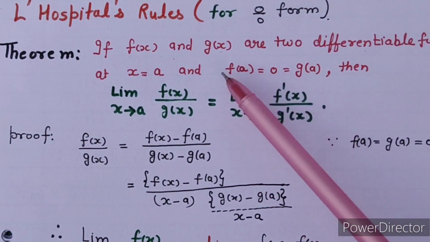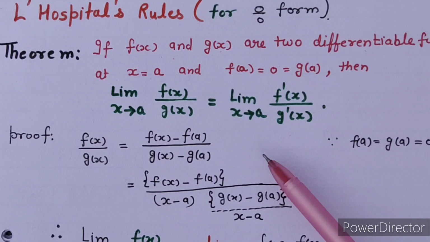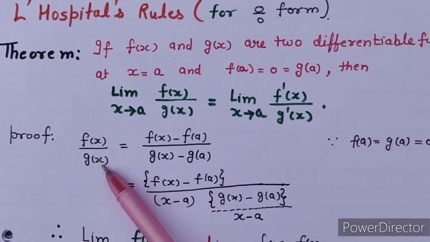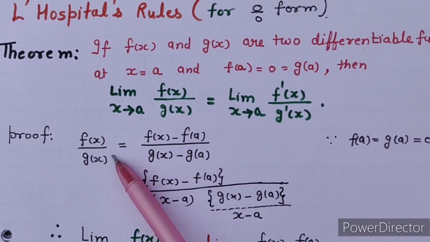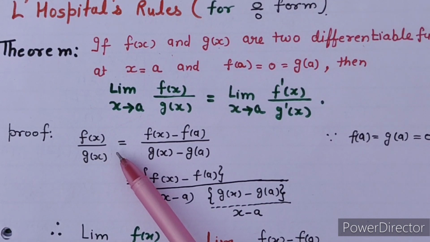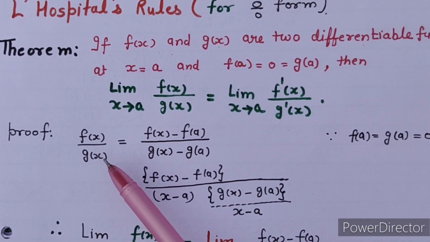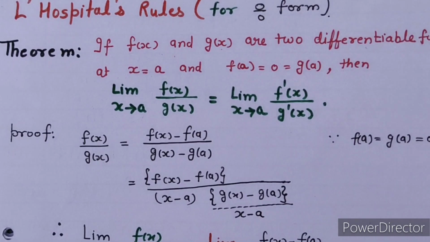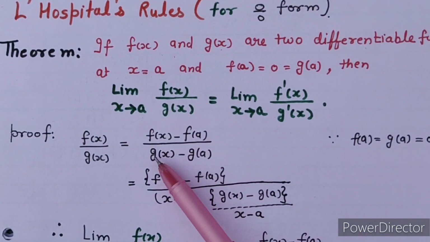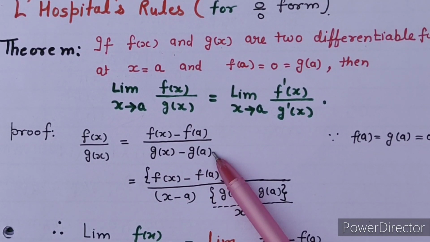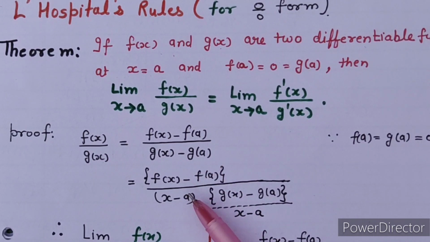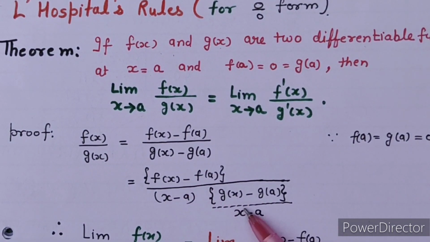To prove this one, I am taking f of x by g of x. Here it is minus 0 minus 0; in place of 0 you can say f of x minus f of a divided by g of x minus g of a. Now divide and multiply this expression by x minus a.